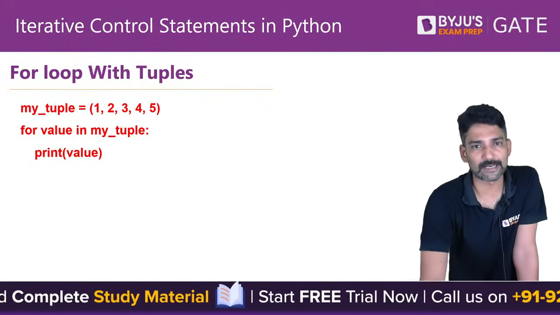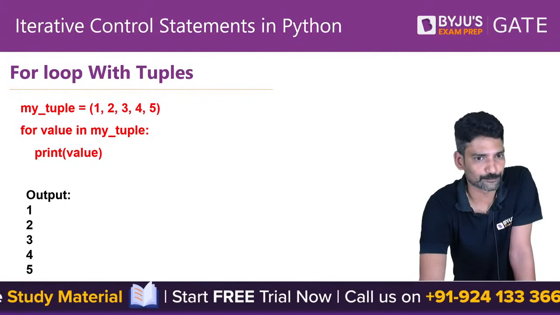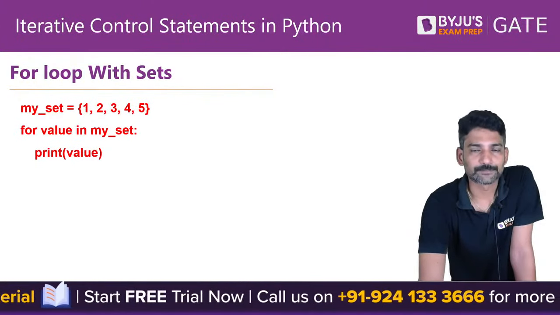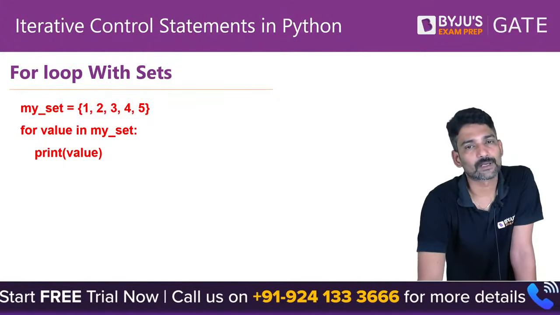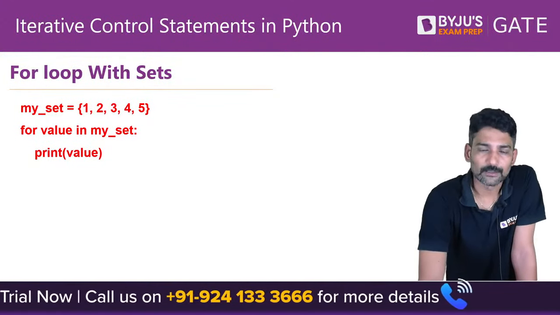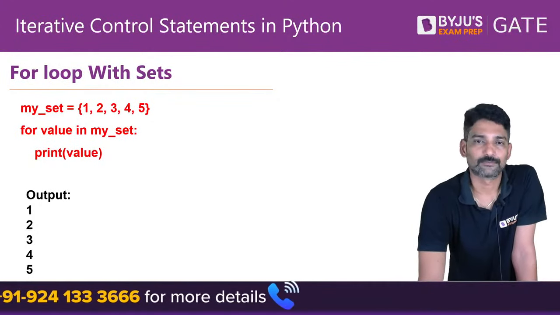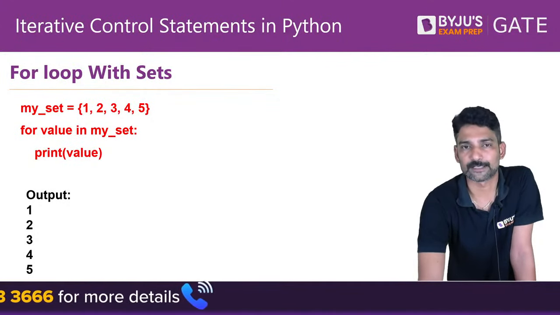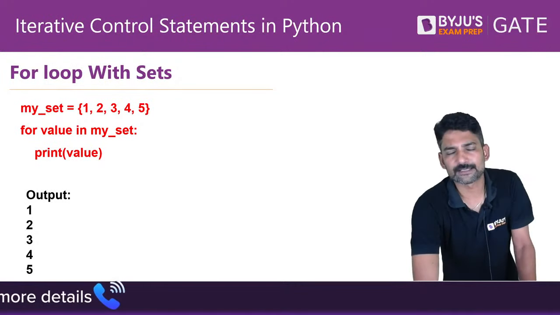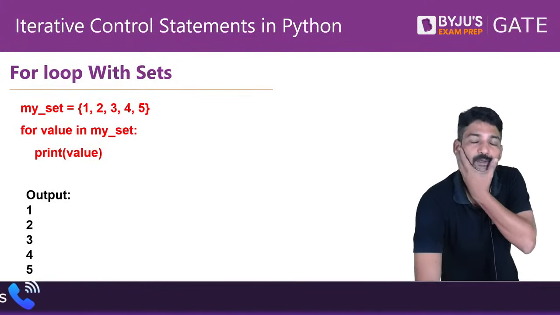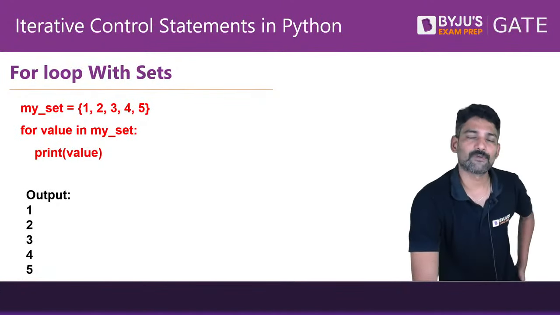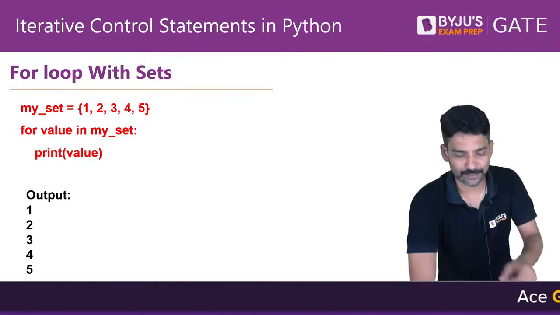For value in my tuple, print value, I will get 1, 2, 3, 4, 5. Set, my set, curly braces 1, 2, 3, 4, 5. For value in my set, print value, I will get all the values of the set. We already discussed sets are immutable. I told you next week we will discuss each data type in detail.